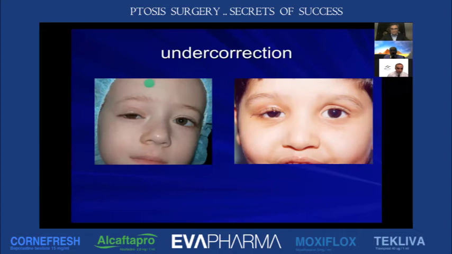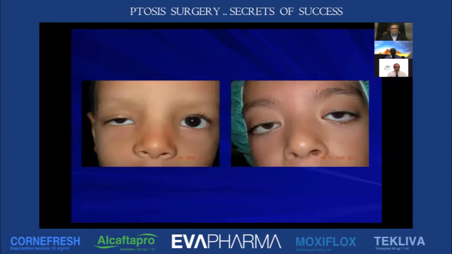In congenital ptosis with poor or fair levator function and moderate or severe ptosis, if you are going to do a levator resection, plan to overcorrect by at least 2 millimeters, because it will fall, and to avoid such undercorrection.